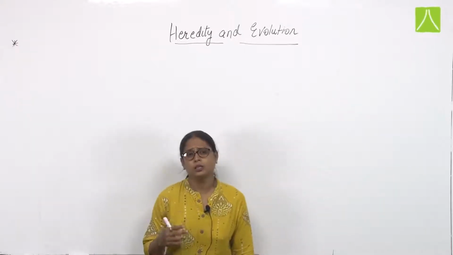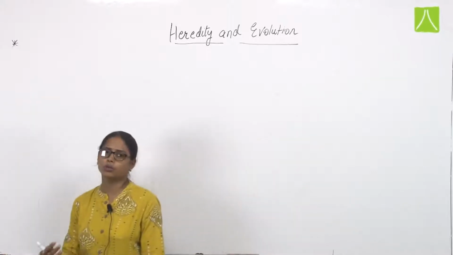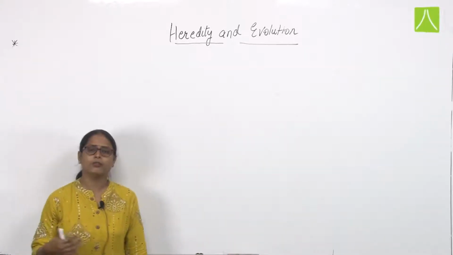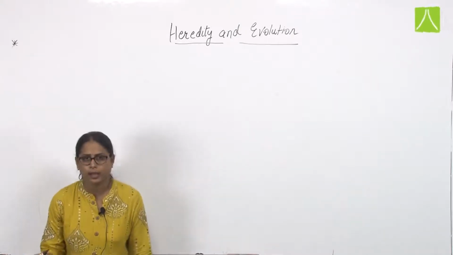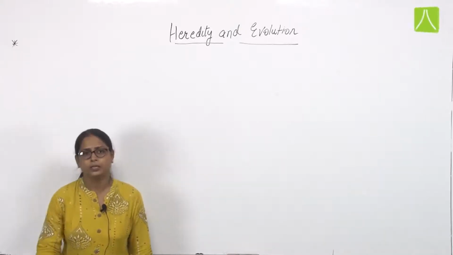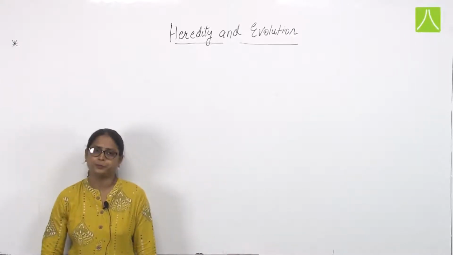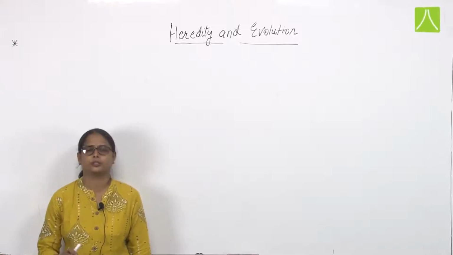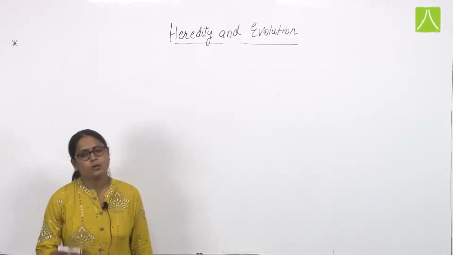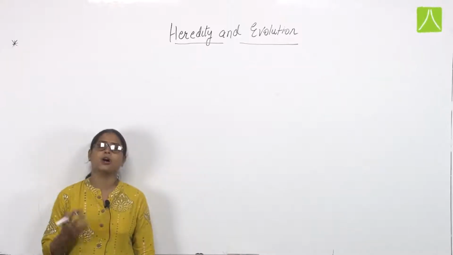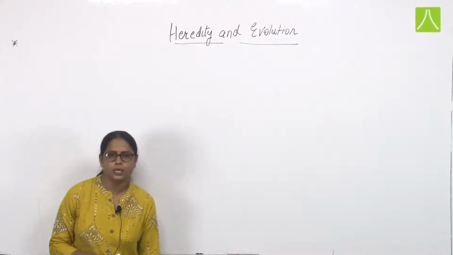It is also visible in our surroundings that we are not similar to our parents, even to our siblings. So why do these dissimilarities appear in members of the same species population? In this chapter we will discuss the reason behind all this and the mechanism of how the characters are transferred from one generation to another.